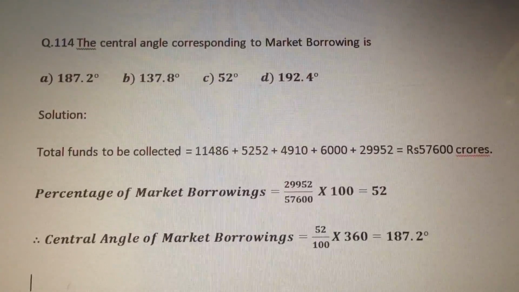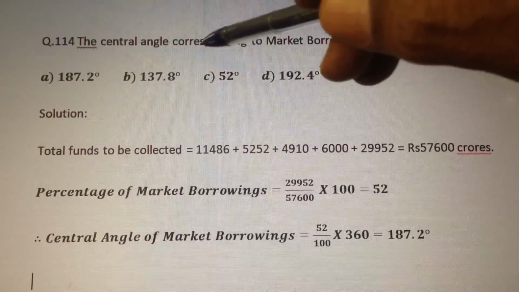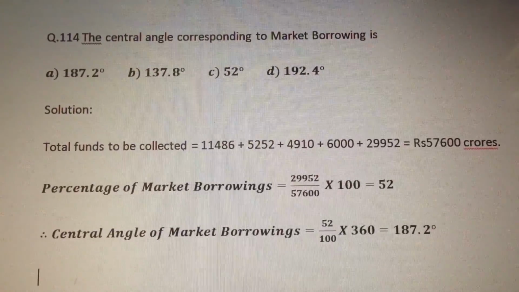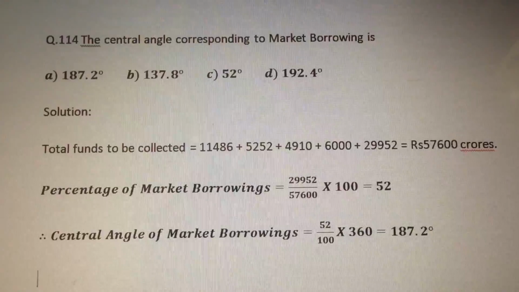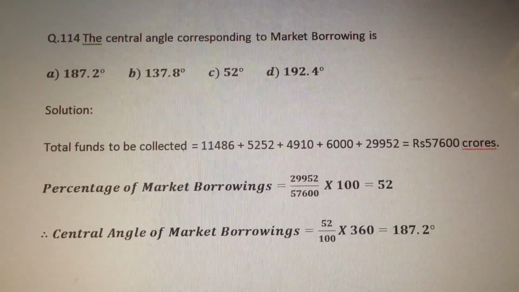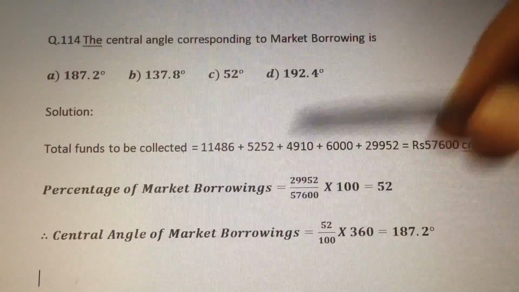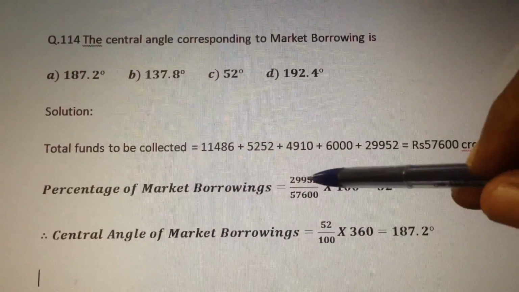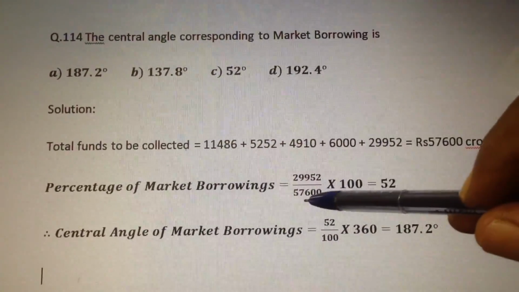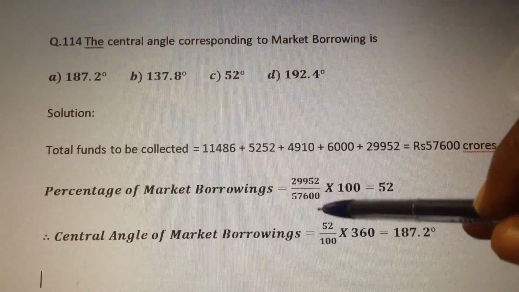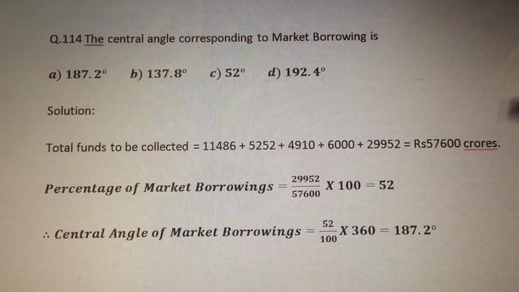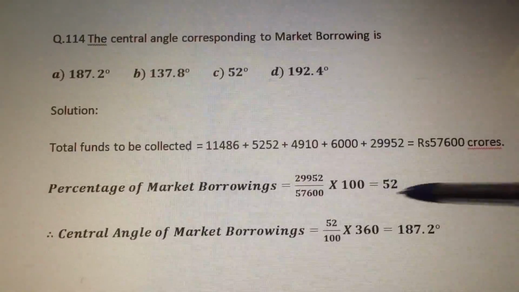Now, if you have to find out the angle of market borrowings, we have to find out the ratio of market borrowings in the total amount. Therefore, percentage of market borrowings is equal to 29,952 divided by total, which is 57,600, into 100, which is equal to 52%.